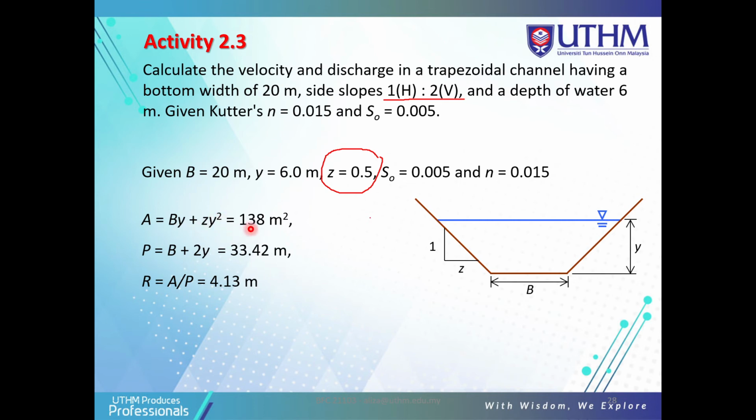You get 138 meter squared. Then the wetted perimeter P, using the formula given in the table in chapter 1, you get 33.42 meter. You get the perimeter, and the R you get 4.13.